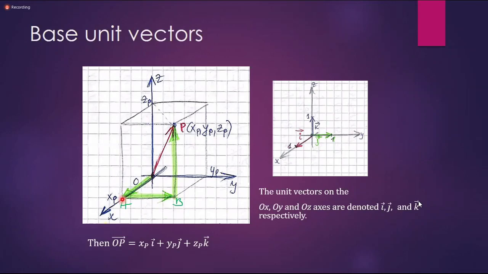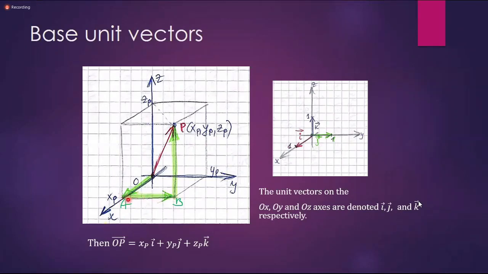If the x coordinate of the point P happens to be negative there on the negative x-axis, then of course we multiply the unit vector i by the negative number xp. Similarly, we move along the vector OA, that is this vector, unit vector i times the actual correct length, seeing also the positive or negative direction.